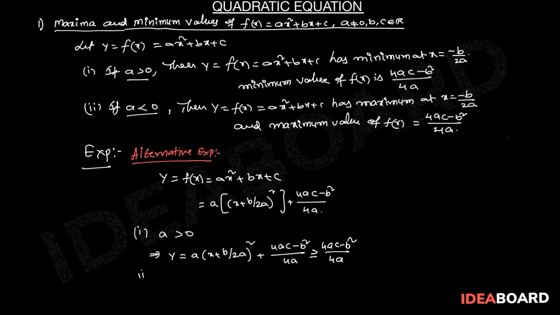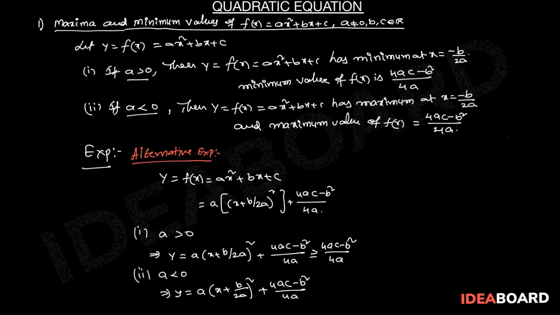Second one is a less than 0, that implies y = a(x + b/2a)² + (4ac - b²)/4a. Here (x + b/2a)² is always non-negative and a is negative, so this term is negative.